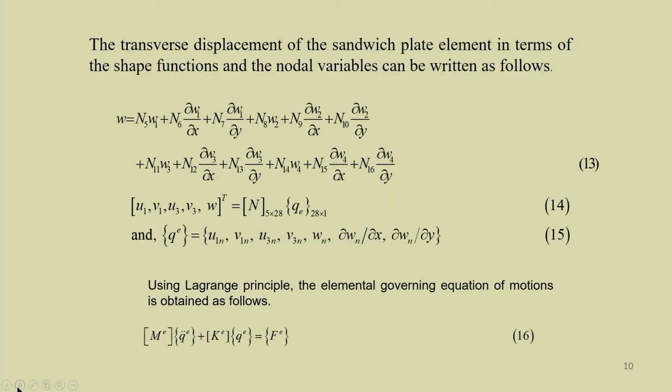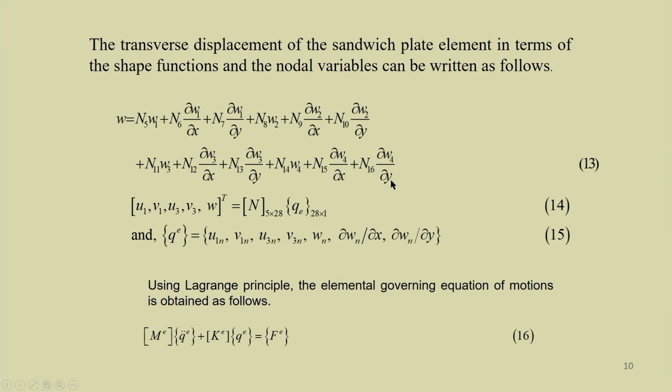W in the transverse direction can be written with N5; up to 4 you have written there. Now the shape functions from 5: w equals N5 w1, N6 del w1 by del x, N7 del w1 by del y, N8 w2, plus N9 del w2 by del x plus N10 del w2 by del y plus N11 w3, N12 del w3 by del x plus N13 del w3 by del y, N14 w4 plus N15 del w4 by del x plus N16 del w4 by del y.